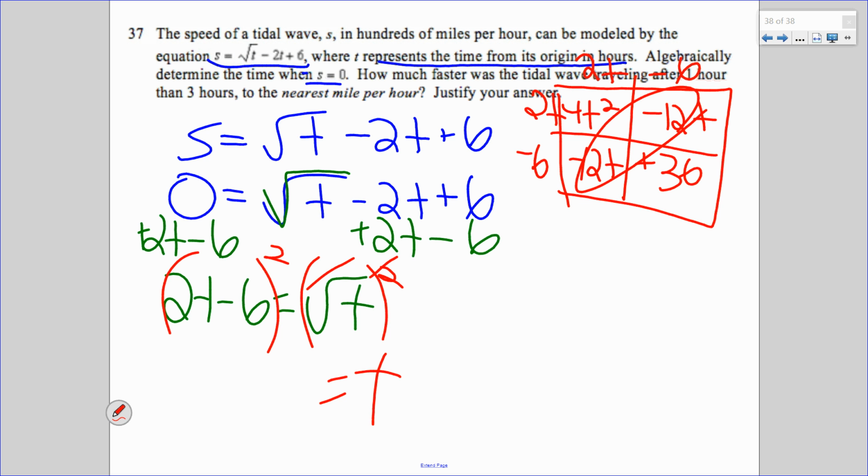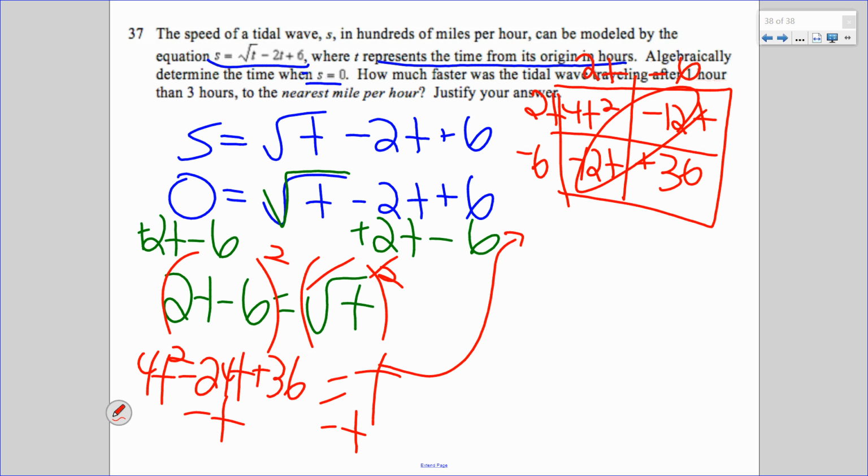That gives me 4t squared minus 24t plus 36. Now it's a quadratic equation because I have a t squared, so I bring everything over to one side. That's going to give me 4t squared minus 25t plus 36 equals 0.